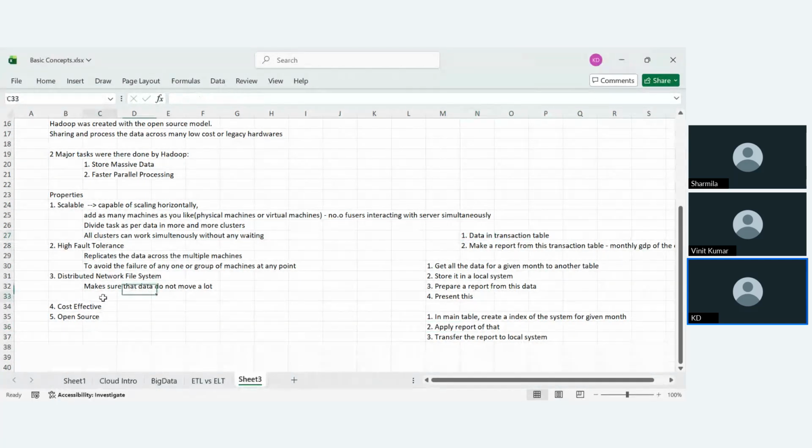So what we are doing is processing the data wherever it is stored. This distributed file system follows the concept of move computation in the cloud.